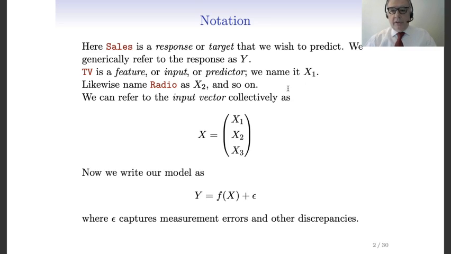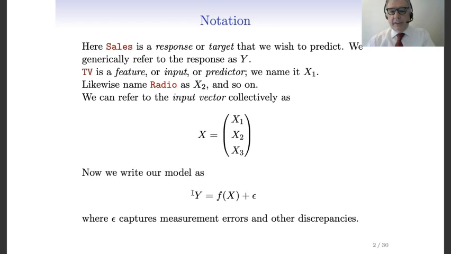And it is useful to collect all the predictors within a unique vector. So we can define a vector X, which in this example will be made by X1, X2, and X3. X1 is the money spent on TV, X2 is the money spent on radio advertisements, and X3 is the money spent on newspaper ads. Now, we can formulate the model we are looking for in this way.